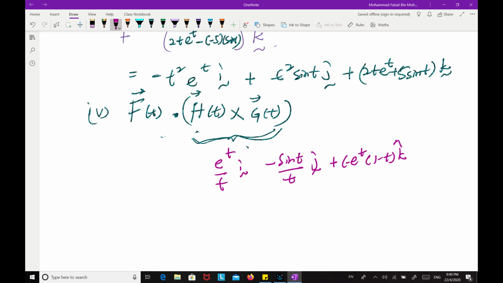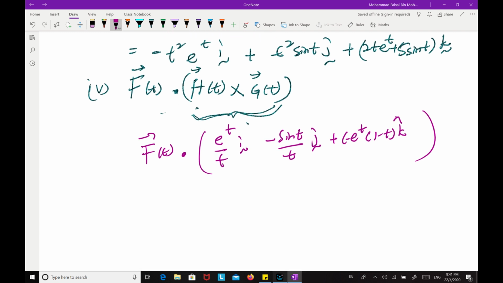Okay, then we have to dot f(t) dot, you will get 2 e^t plus 5 sine t over t minus t squared e^t (1 minus t). So please check.